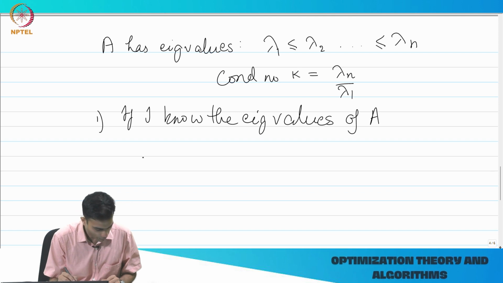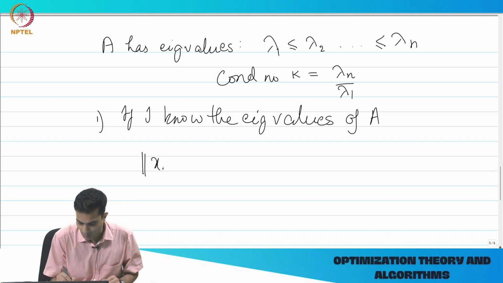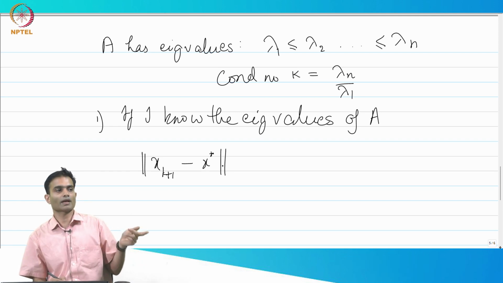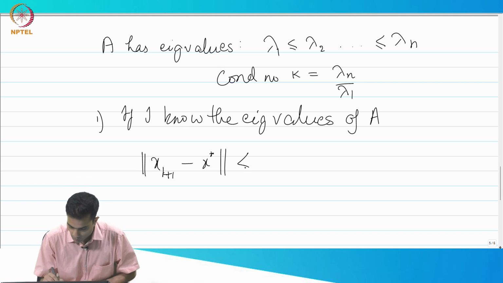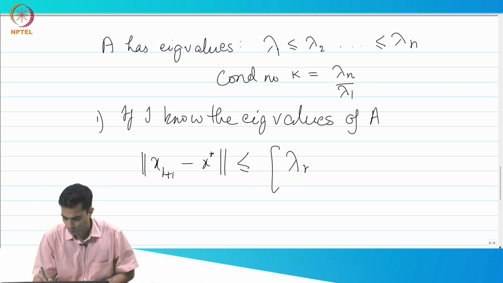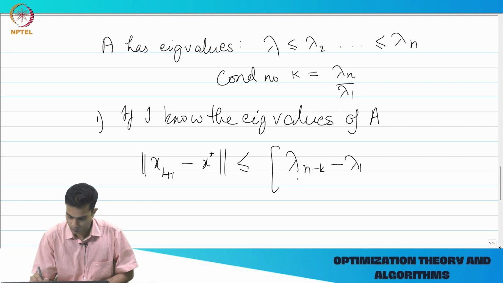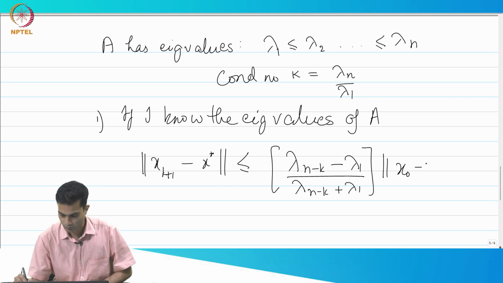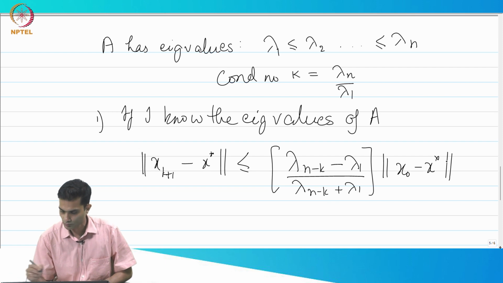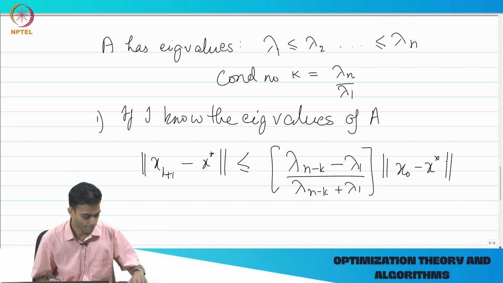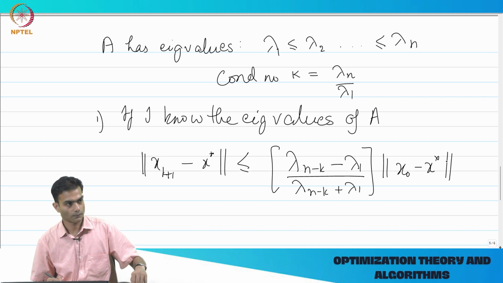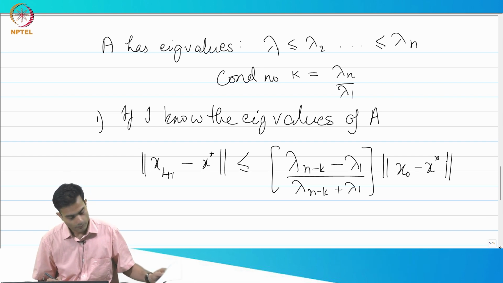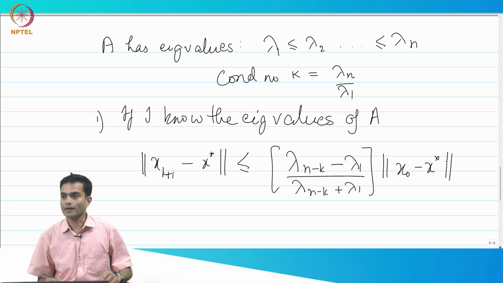So what you have is that at the k plus 1th iteration, I'm looking at the distance between where I am and the solution. This turns out to be... So it's depending on the eigenvalue.